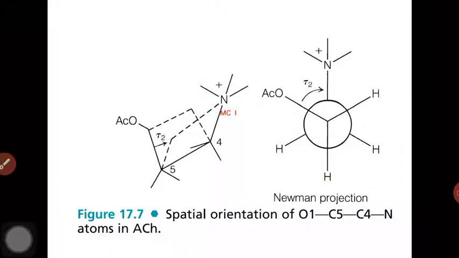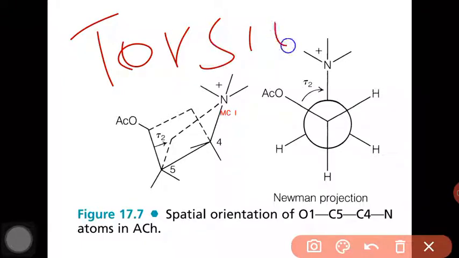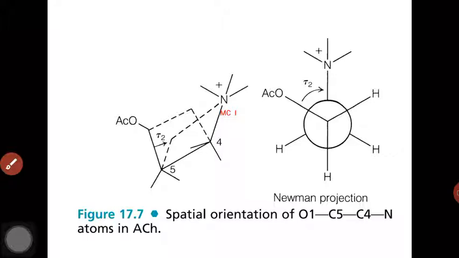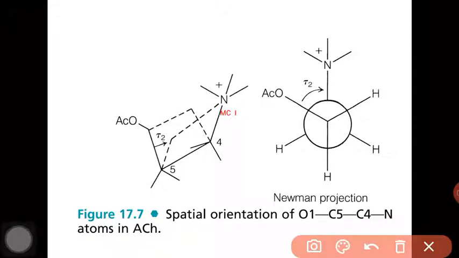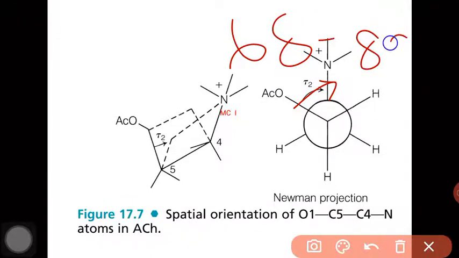One more important point we have to remember, the torsion angle. This we have to remember, what is meant by torsion angle. So, the angle between this one is the torsion angle, and it is exactly fitting as 68 to 89 for other molecules.